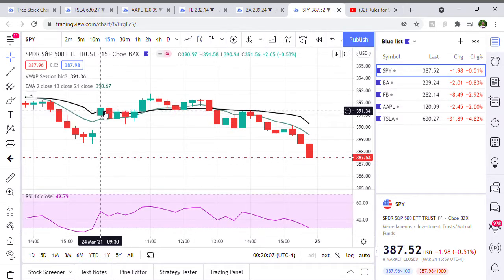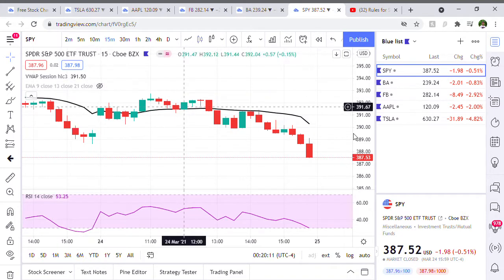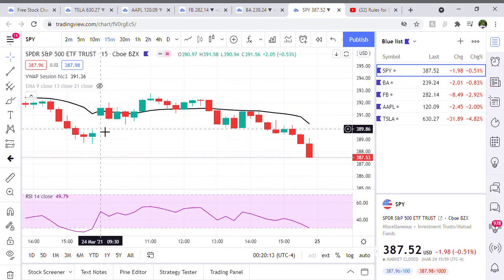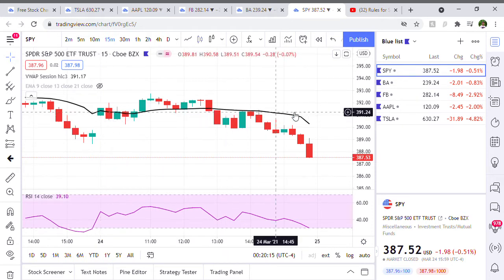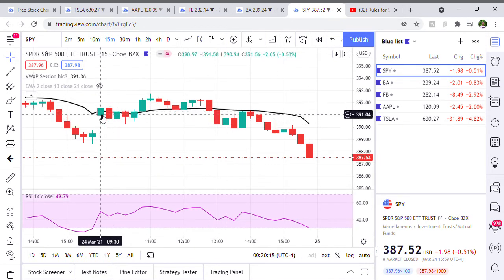It is at VWAP. The VWAP is the black line. I'll just hide the other line, we'll talk about it. The 9:30 to 9:45 candle is across the black line. Again the red candle, 9:45 to 10, is across the black line. So till here I don't have a direction on SPY.